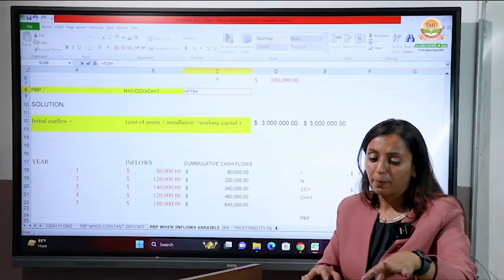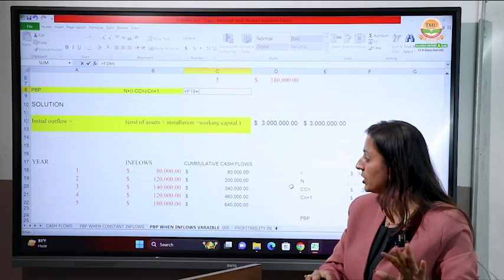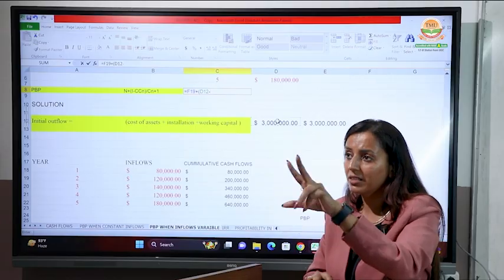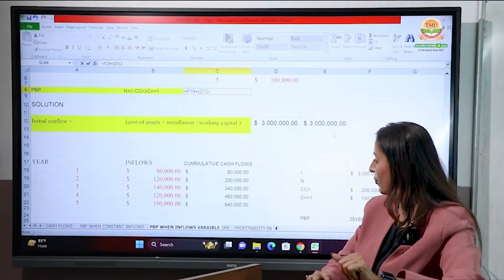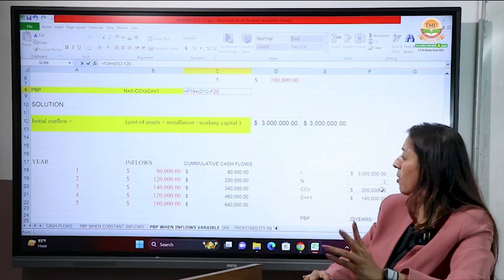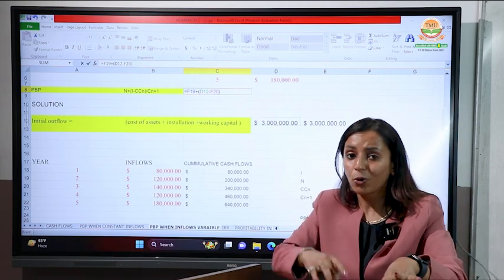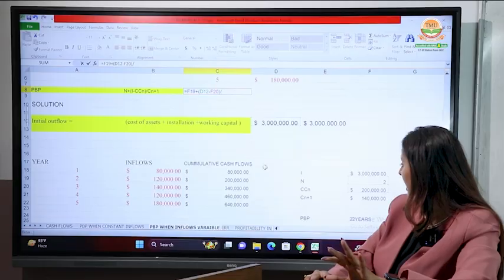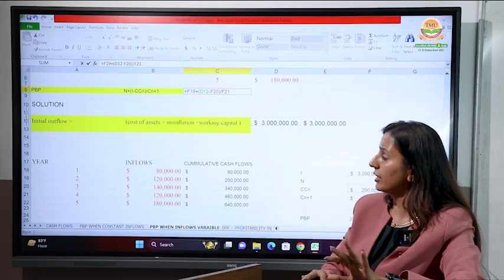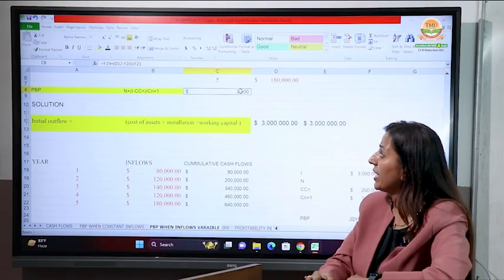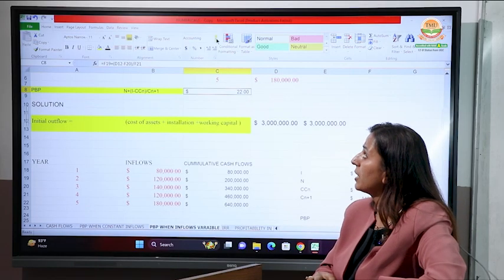Plus bracket open. How much have we actually invested? We invested 3 lakh rupees minus till 2 years. How much amount did we get? That's 2 lakh rupees we got. Close the bracket, right? Divide by CCN plus 1, that is 1,40,000. Just enter it and see. That means in 2.2 years I will get my money back.